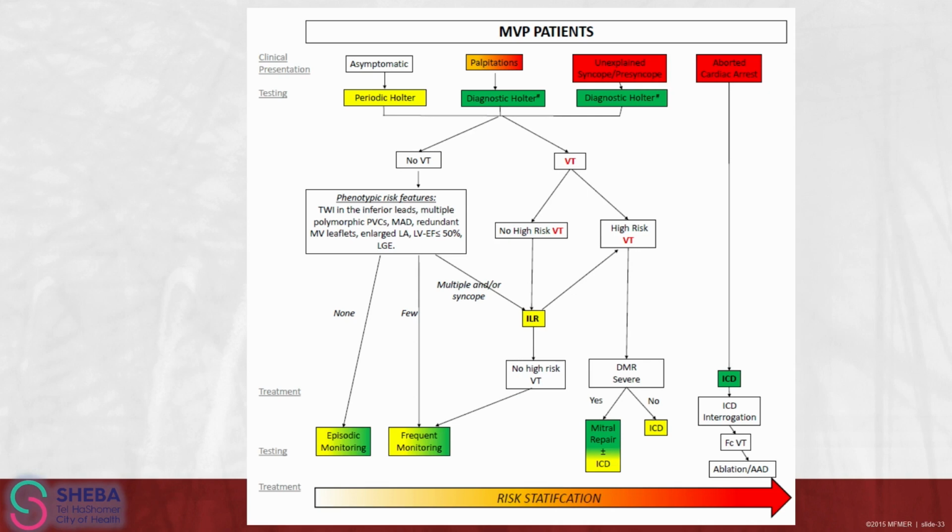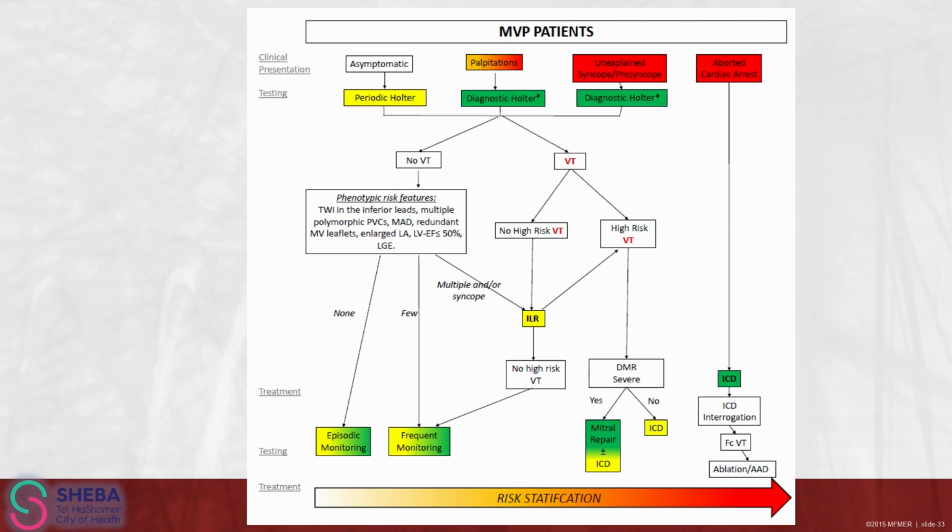To summarize these things, we have this flowchart that starts with the clinical presentation. If our patient just survived an event of aborted sudden cardiac death, of course, he should get an ICD. Otherwise, we should try and document VT. If we do capture high-risk VT, meaning sustained arrhythmia or fast VT, the patient, again, may be eligible for an ICD.